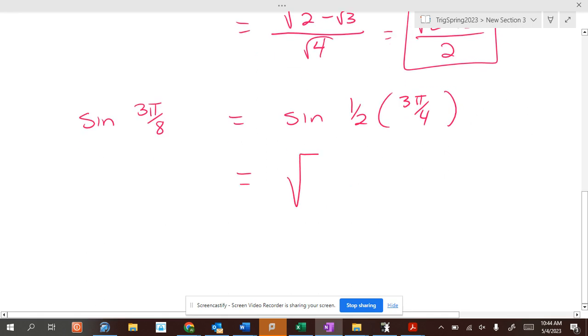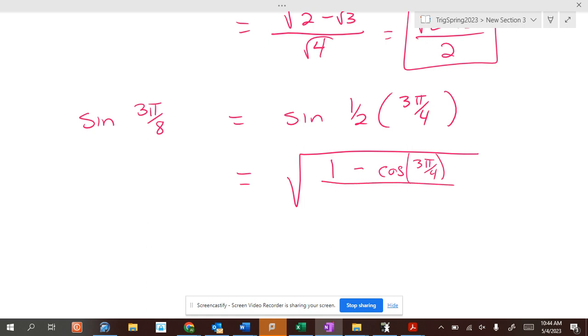So you use the square root of 1 minus the cosine of 3 pi over 4, all over 2. What's the cosine of 3 pi over 4? Negative square root of 2 over 2.